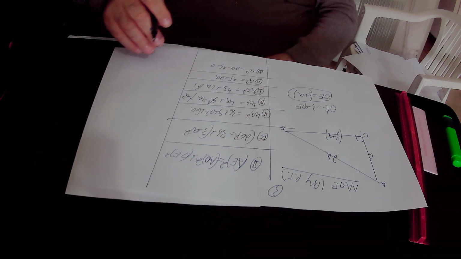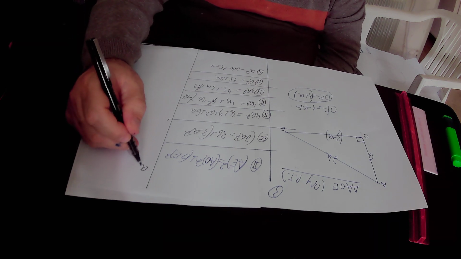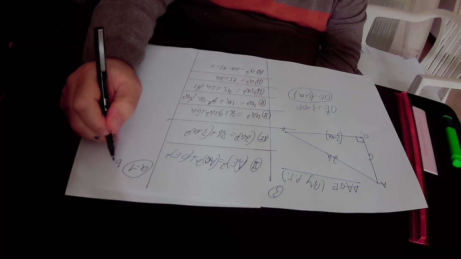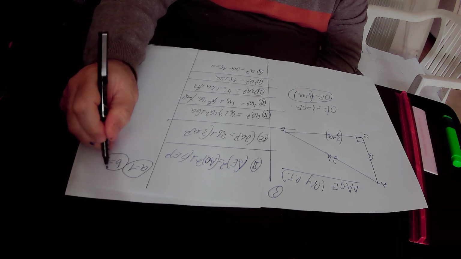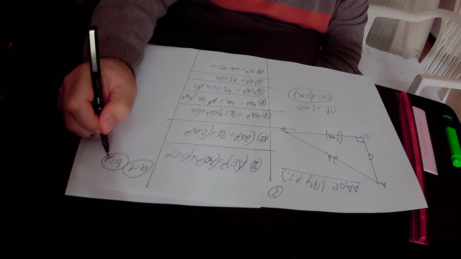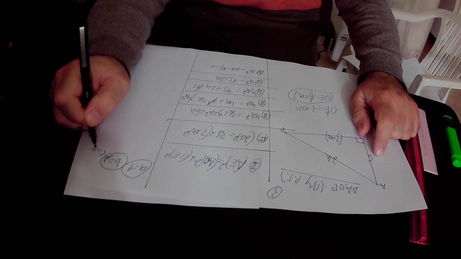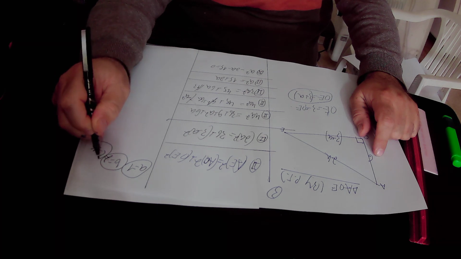In this quadratic equation, the coefficient a equals 1, the coefficient b equals minus 2, and the coefficient c equals minus 15.